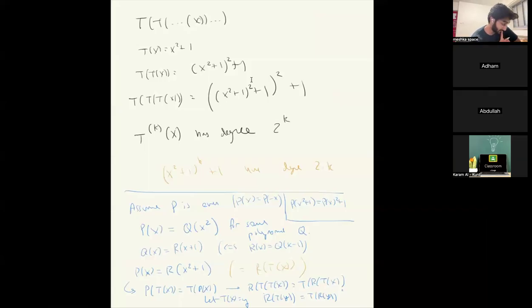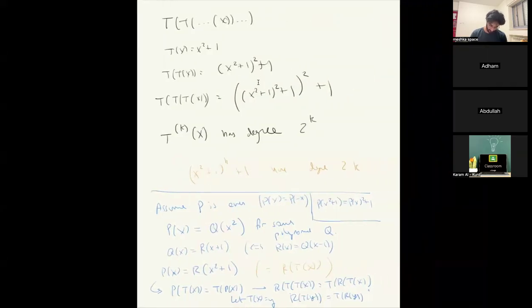We showed that R of T of X equals T of R of T of X. Yes. Okay, sorry, I need to be a little bit careful here. I'm being a little bit messy. So let me just. Okay.